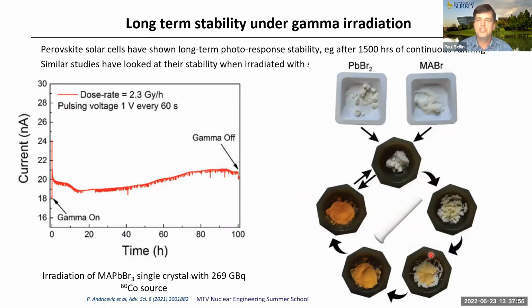So this was a sketch that showed the mechanical synthesis of MA lead bromide by mechanical milling. You start with your precursors, so lead bromide, a white powder, and methylammonium bromide, a white powder, and they were simply put into a pestle and mortar and stirred.